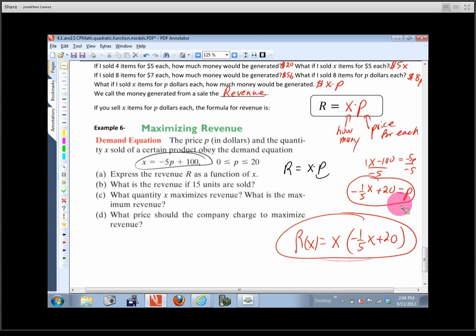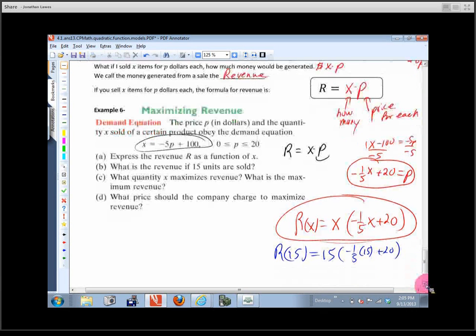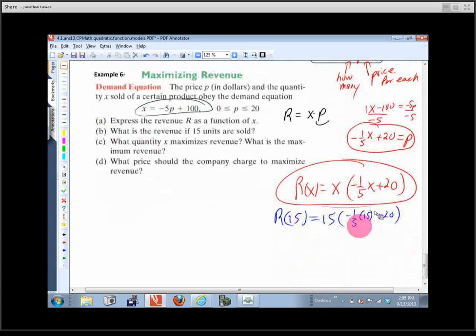What is the revenue if 15 units are sold? How much revenue is generated if 15 units are sold? What are we going to do? Plug in a 15. So I'm going to take R of 15. So that's going to be 15 times negative 1/5 times 15 plus 20. And what is 1/5 times 15? Very good, thank you very much. That's negative 3 plus 20.